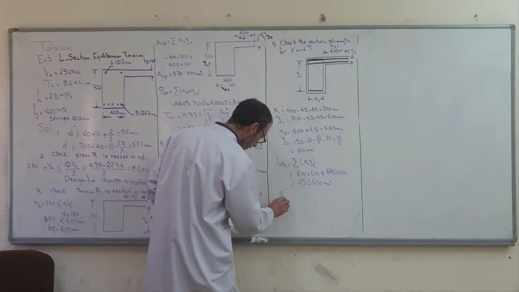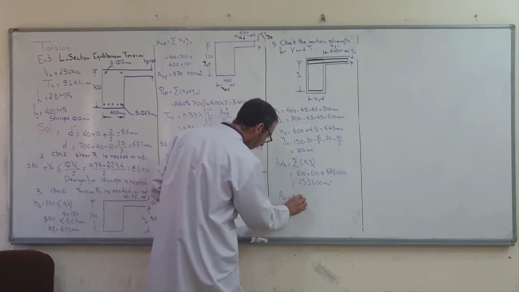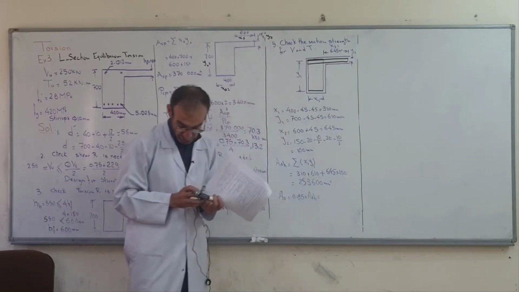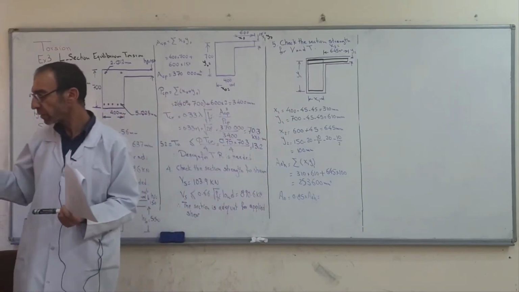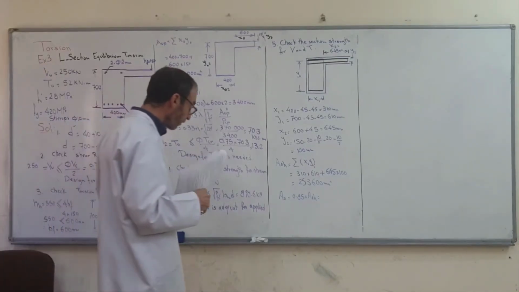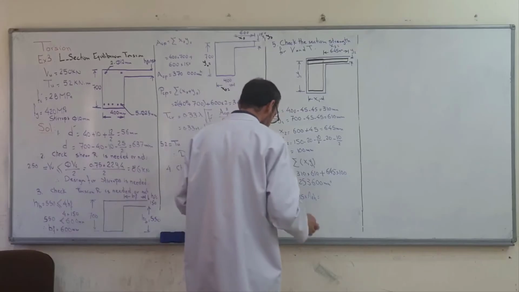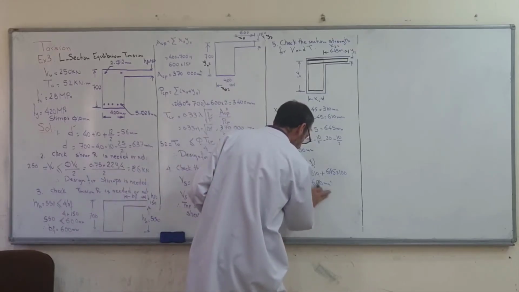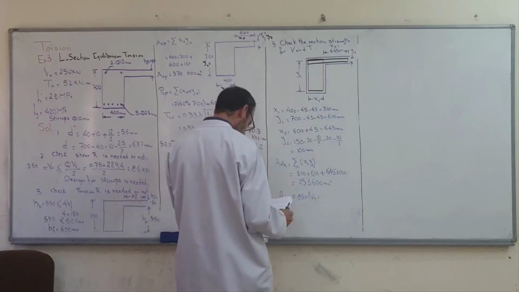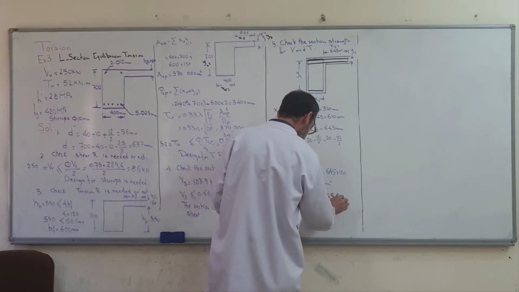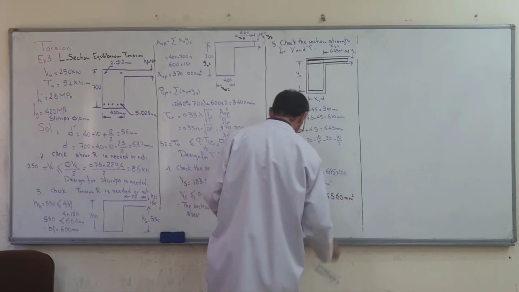Now find A0. 0.85 times this value, A0 is equal to 0.85 times this value, which is 21560 millimeter square.